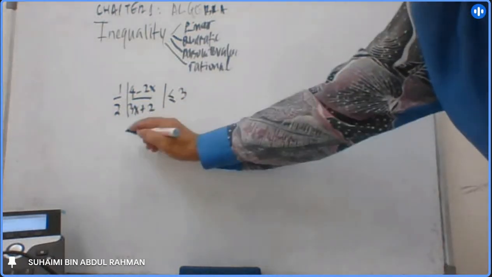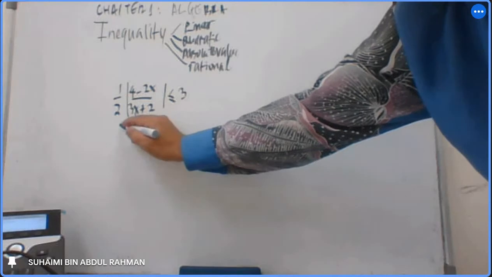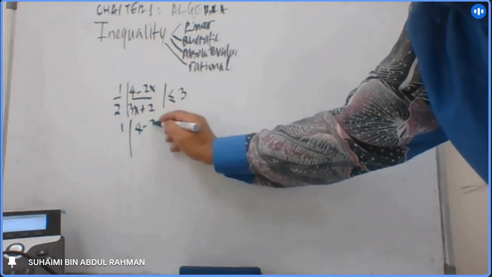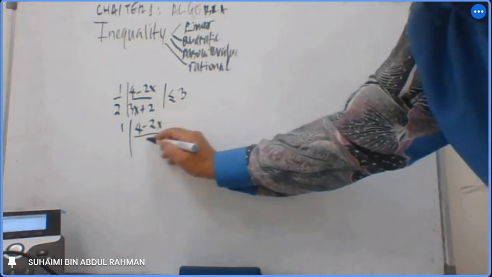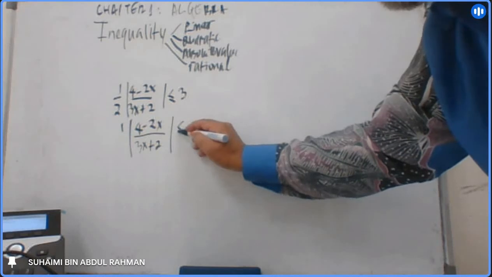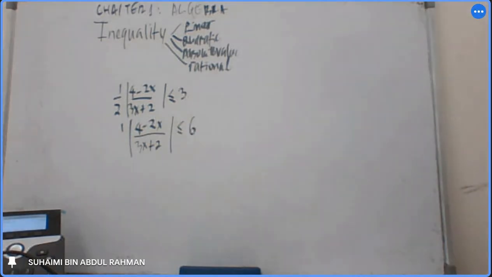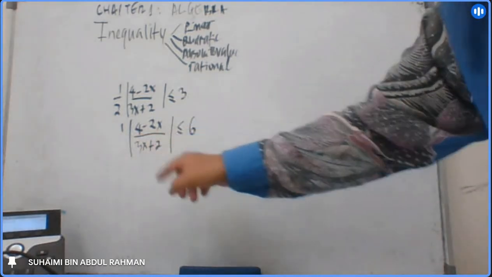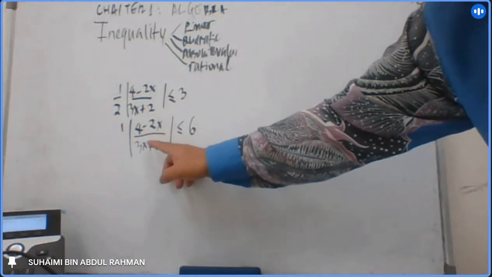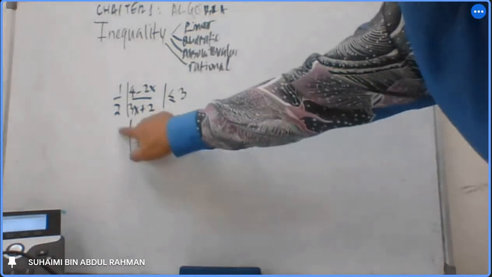So what we are going to have is the absolute value of (4 minus 2x) over (3x plus 2) less than or equal to 6. Same.